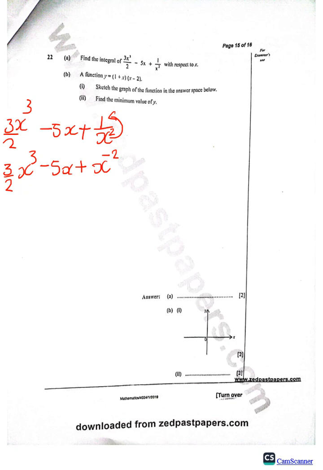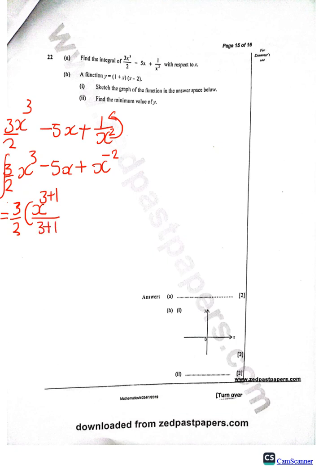Then let's now integrate. So for you to integrate, you need to add to the power. The constant, like 3 over 2, will be outside the bracket. So we are going to do x raised to the power 3 plus 1 over whatever you do to the power, you will divide by that.